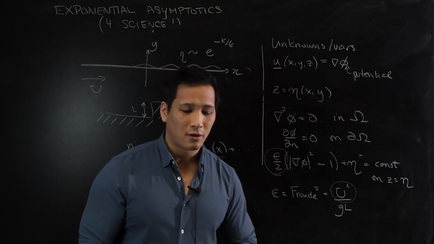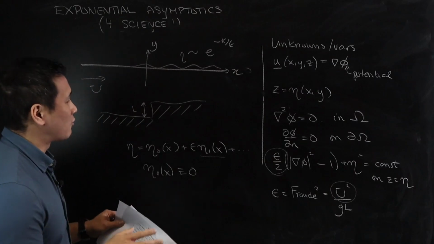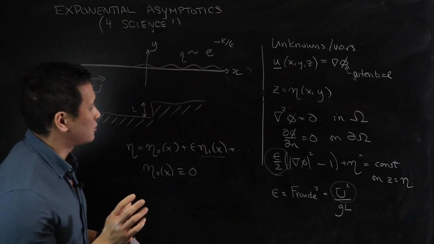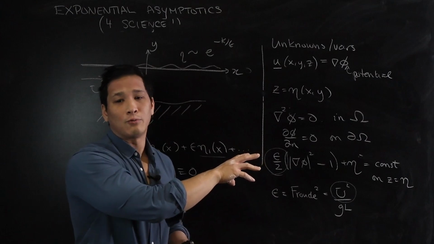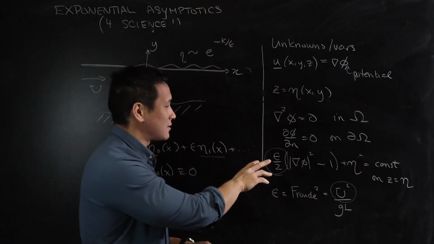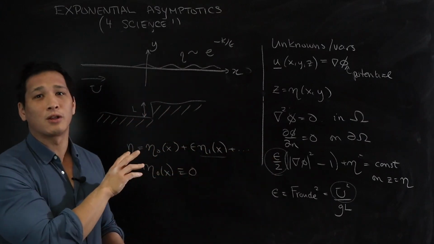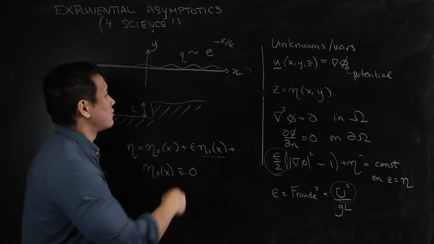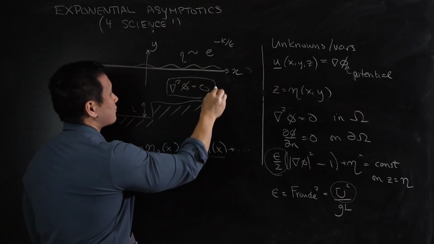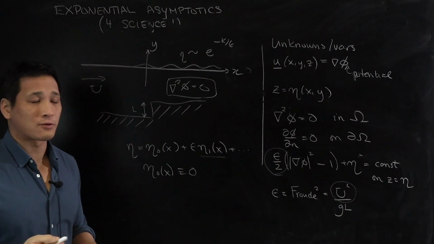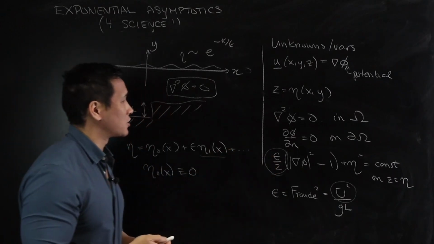Okay. Now, in what time remains, I want to tell you how we write this problem in phi. Even in 2D, this is a really annoying problem to work with because you're having to deal with the Laplace equation and the free surface condition.